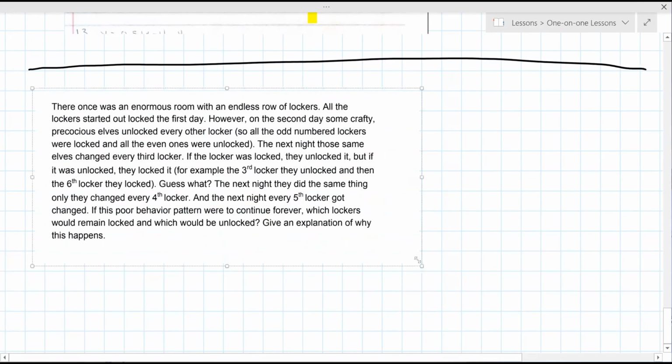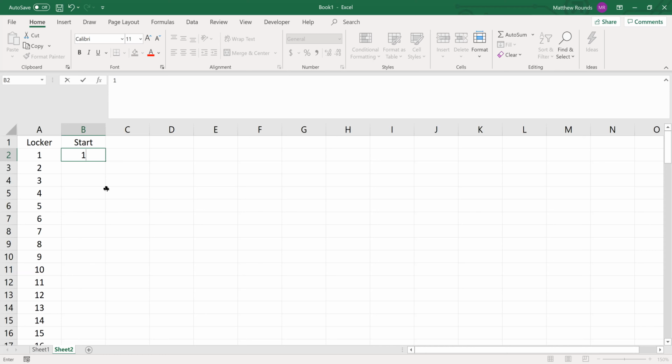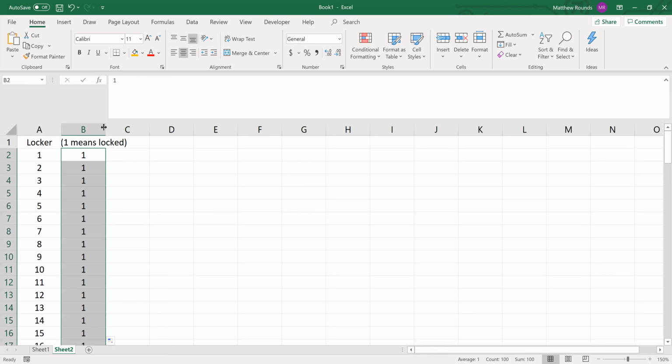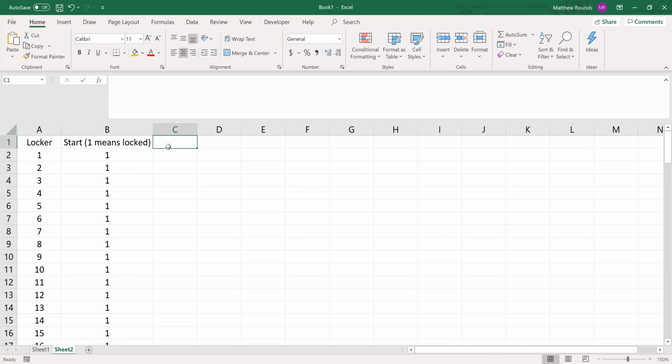Yeah, one's fine. Okay, so we've got to make a note that 1 means locked. Now, what does it say happened on the second day? On the second day, all the odd numbered lockers were locked and all the even ones were unlocked.